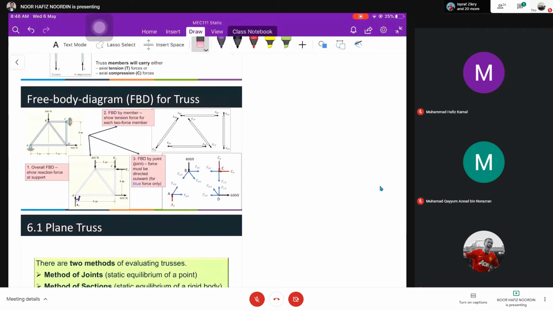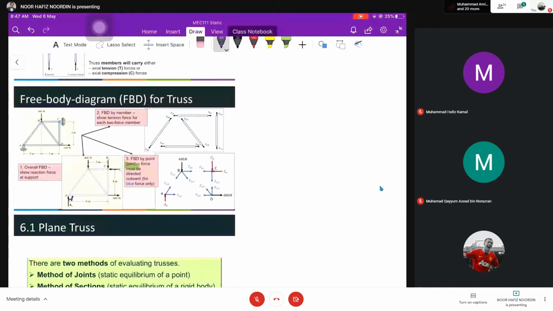And then we have another free body diagram, which is free body diagram by joint. Alright, this one we call it free body diagram for rigid body. This one, FBD for rigid body, overall structure. And then another free body diagram that you need to draw is free body diagram for joint. Why joint? Because you need to draw all the free body diagram for connection or joint.